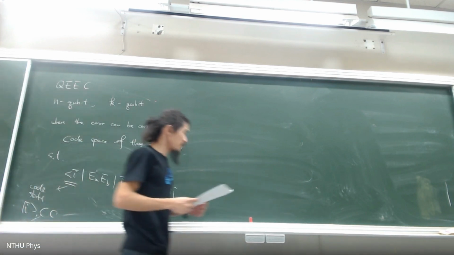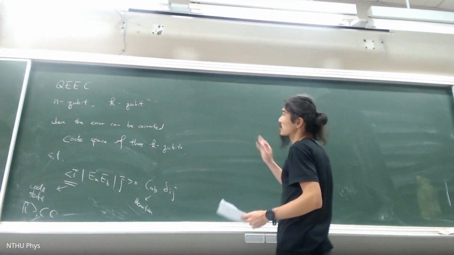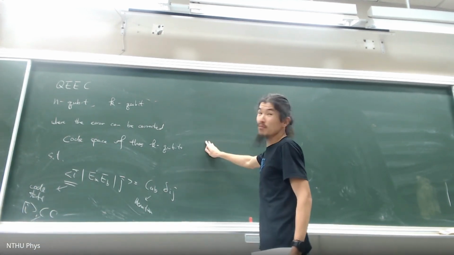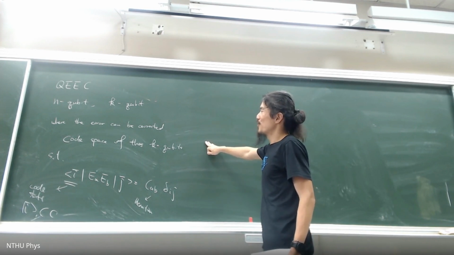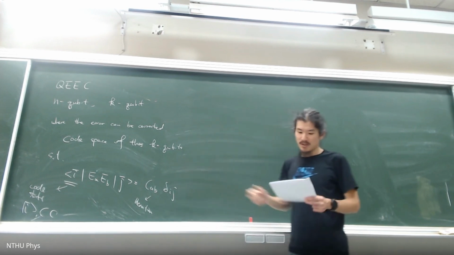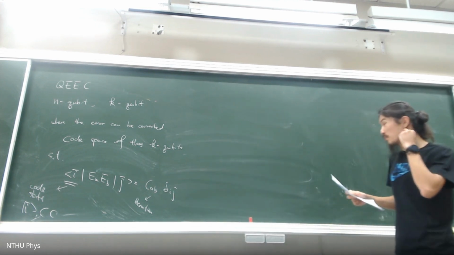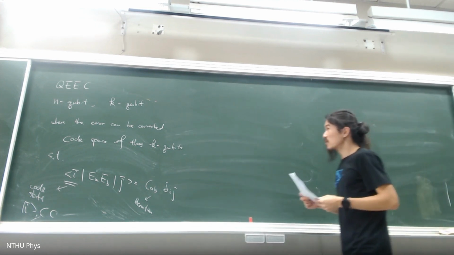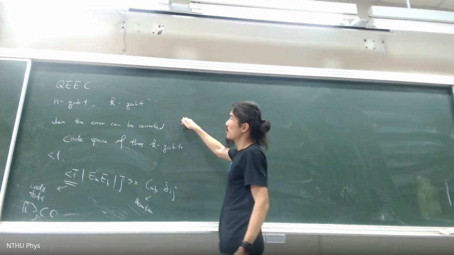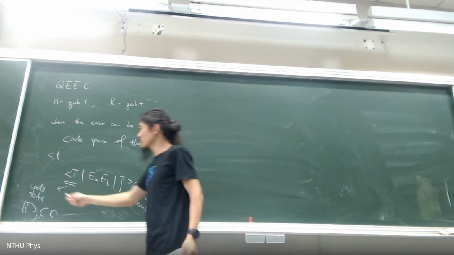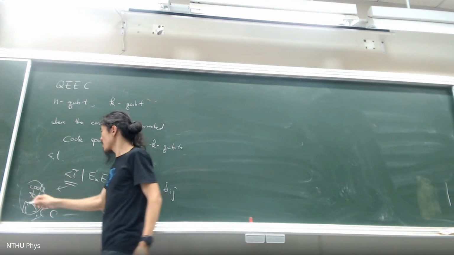Okay, so this is a very brief review. We did a lot of discussion in the previous lecture, and I want to make some remarks that we can show for this quantum error correction code, the code state is highly entangled.